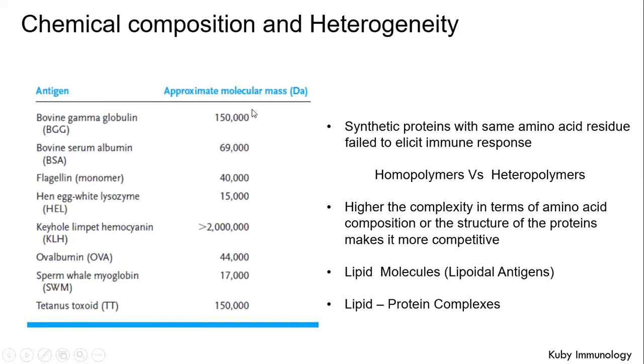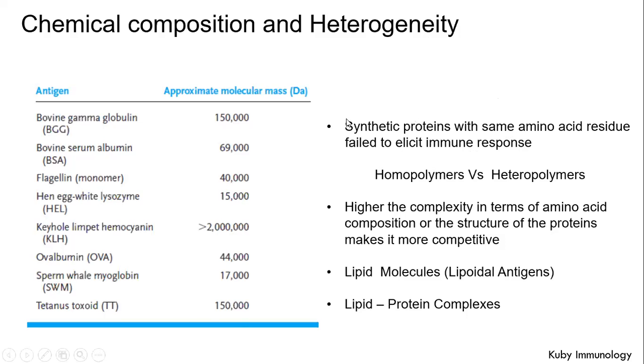And look at the molecular mass here. BGG is 150,000 Daltons, and KLH is greater than 2 million Daltons. The greater the size and complexity, the stronger the immune response. For example, synthetic proteins with the same amino acid residue fail to elicit an immune response. There is no heterogeneity.